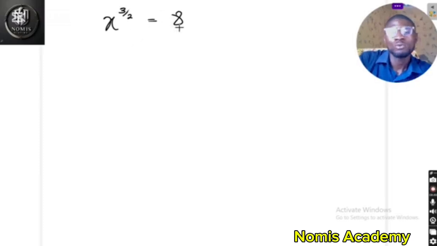So we all know that 8 is just the whole number 2 raised to the power of 3. So it does not somehow help to make it look like this one. So what can we do? We need to eliminate 3 over 2 from here. So to eliminate 3 over 2, we would multiply both sides by 2 over 3.